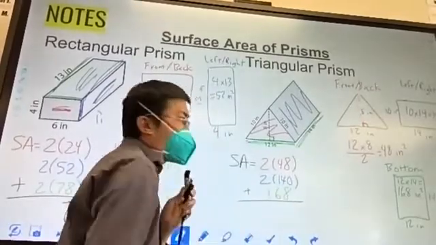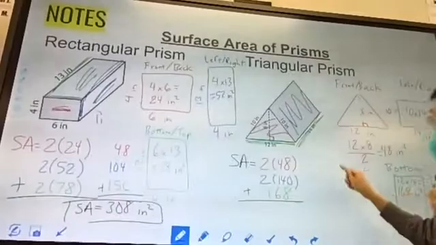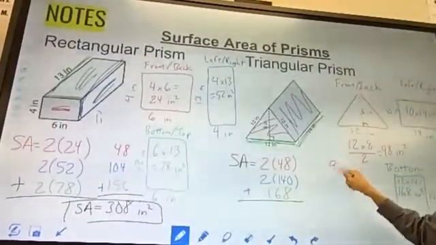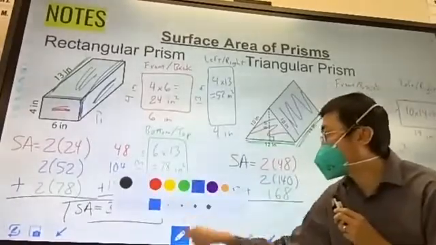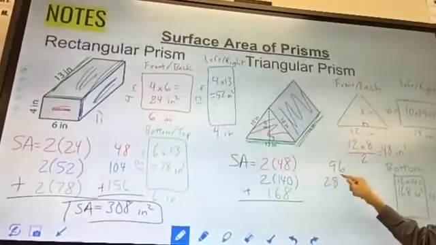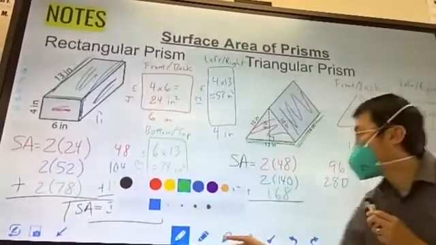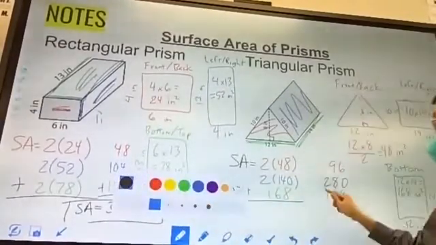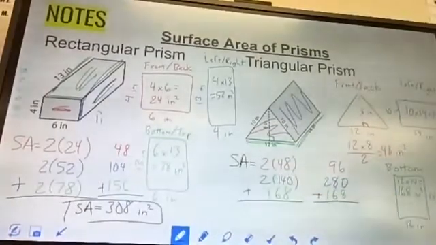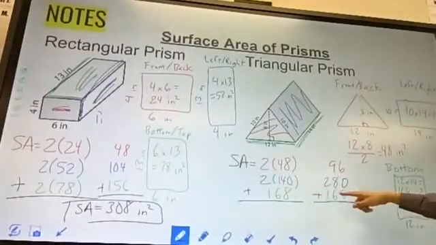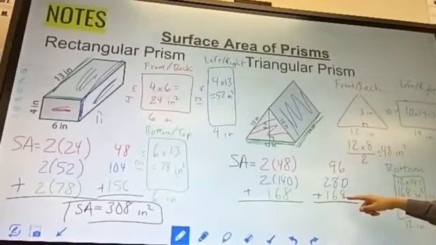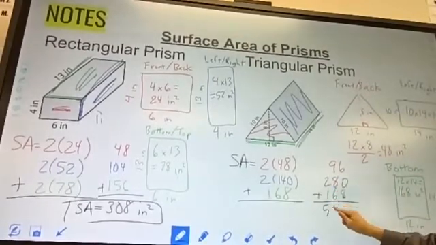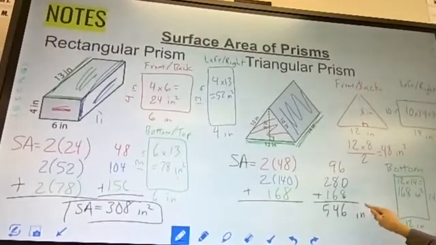We add all three up. 2 times 48 is 96. 96, 2 times 140 is 280. And then add 168. That will give us 544 inches squared.